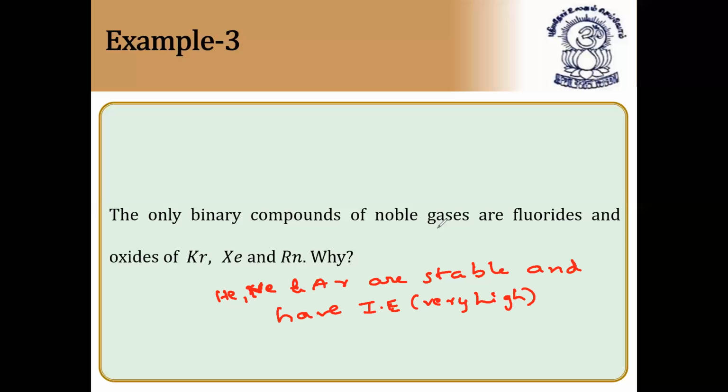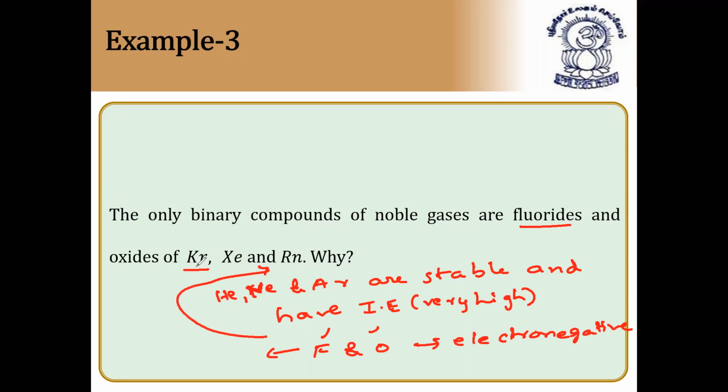Only the fluorides and oxides of krypton and xenon form, because fluorine and oxygen are highly electronegative in nature, and they are called good oxidizing agents. So they form only with xenon, krypton, and radon, mainly xenon and krypton. I hope it is clear.